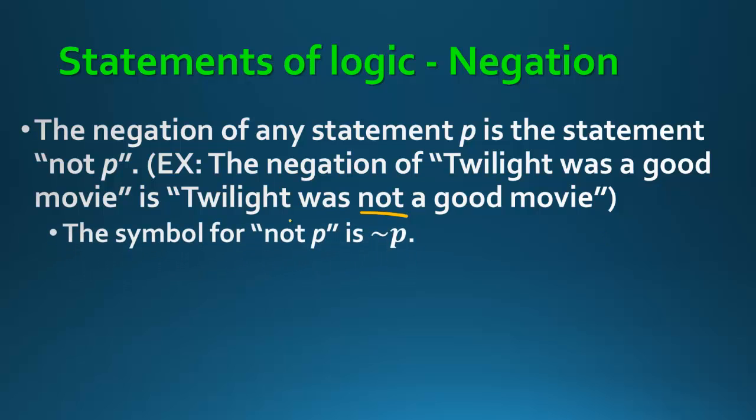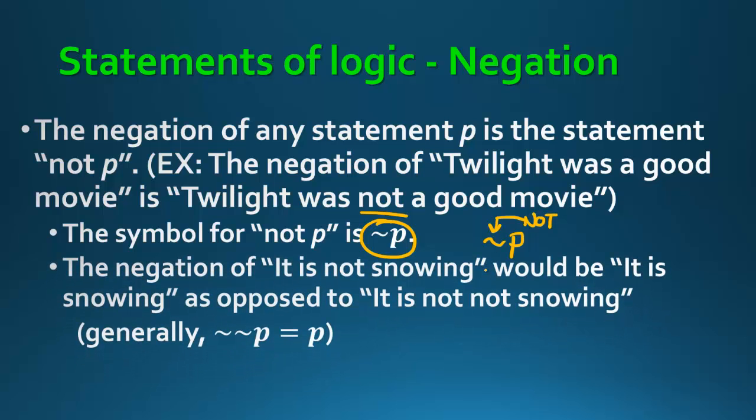The symbol for not P is this tilde, that means not. Okay? So if we have a conditional statement that says it is not snowing, we would write that, for example, as maybe not S, or the negation of S. And the negation of the statement would actually make it positive.